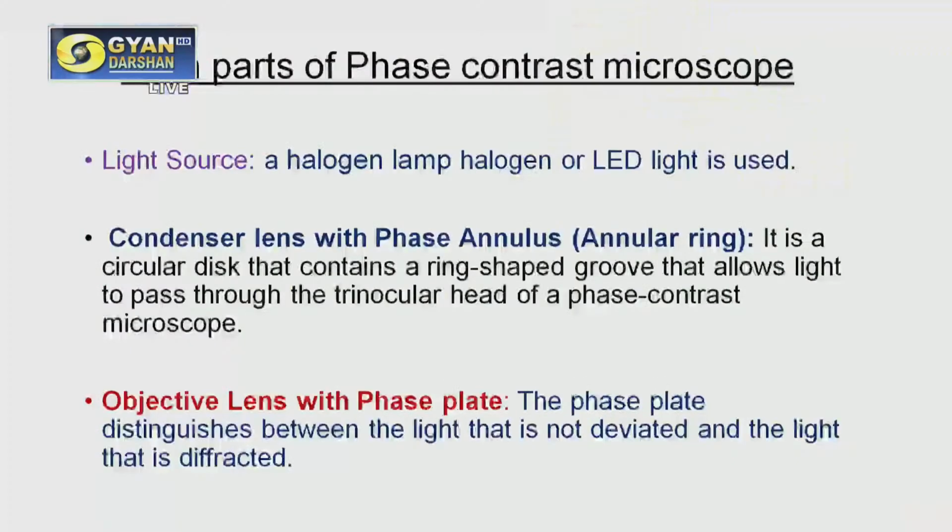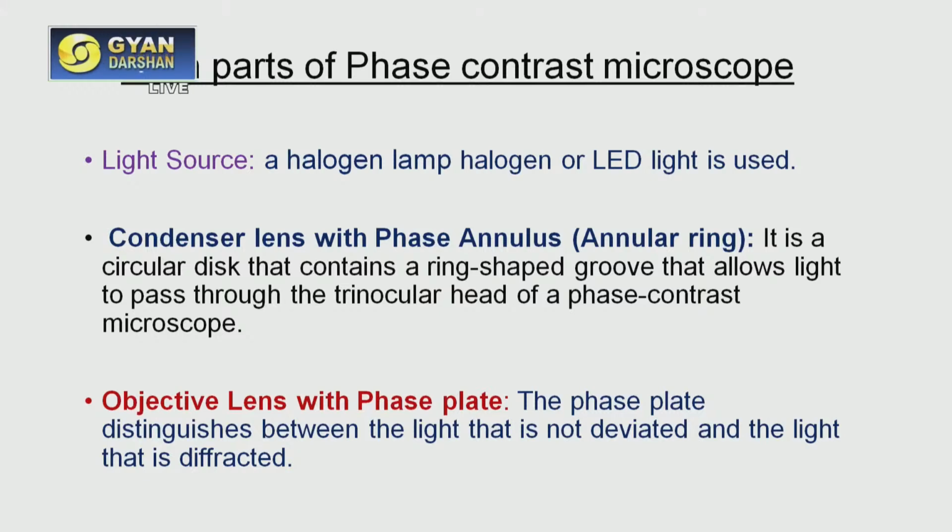So what are the main parts of the phase contrast microscope? The light source: generally in the phase contrast microscope, a halogen lamp or LED light is used, and two specific types of condenser lens and objective lens are used.